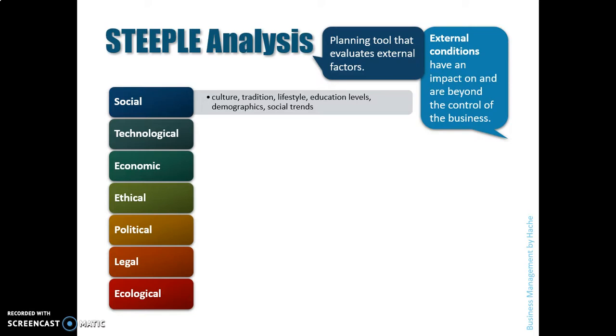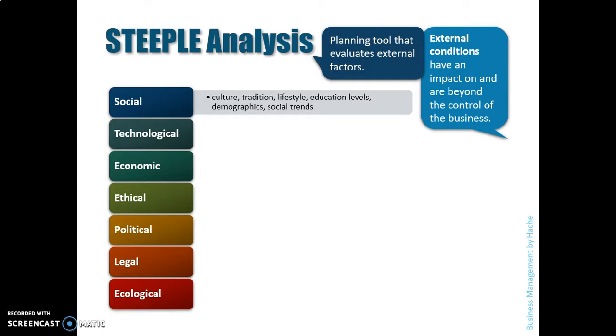Social trends in terms of preferences, in terms of fashion, in terms of tastes. We would like to know what the community prefers in order to adapt either the product or the service or the business itself to what they expect. So taking a look at the social organization, the social structure of the community is important.